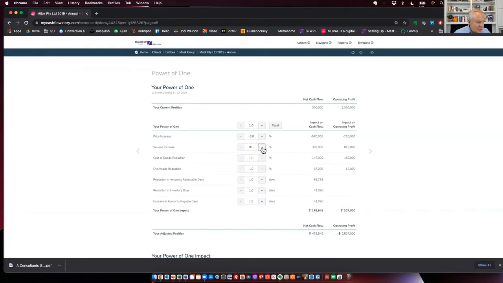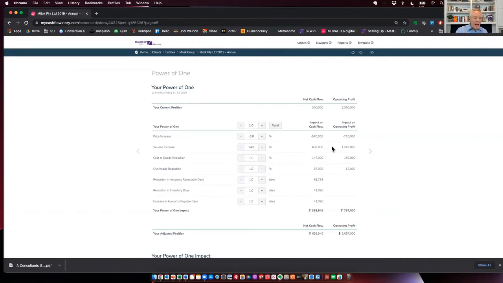They would need 9, 10, 11, 12, 13, close to 14% in additional volume to make up for a 3% discount. That's like a 1-to-4 ratio in terms of price to cash flow.